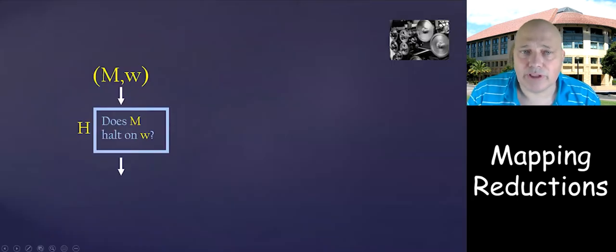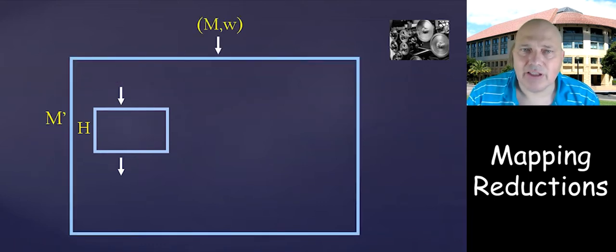So pictorially, what we have is this machine H that decides halting. It gets an input M, W and it's going to tell us if M halts on W. We're going to take this machine and use it as a subroutine within a bigger machine that is going to decide for us ATM.